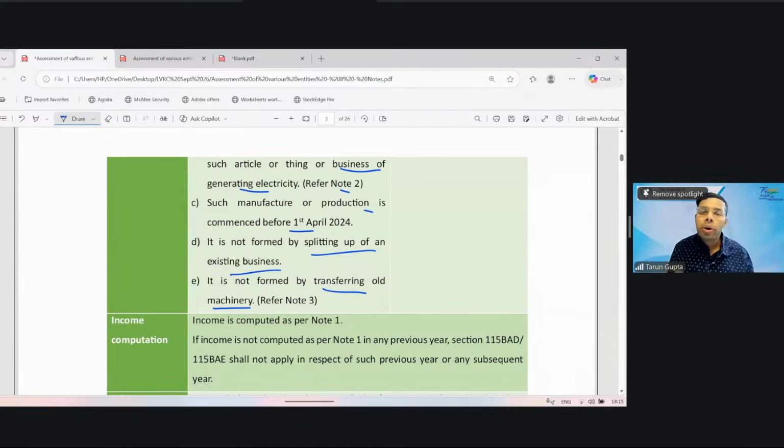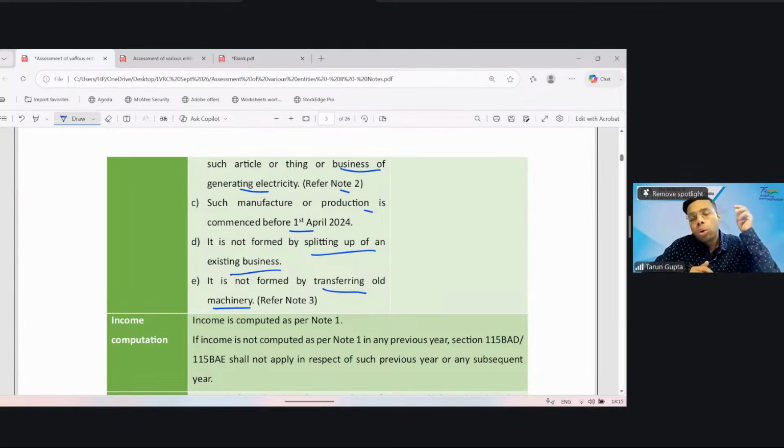Okay. So what does it mean? It means old imported machines are allowed. If you are importing a machine from outside of India, which was used outside of India, such machine shall not be considered an old machine. This is one. Secondly, the benefit is given up to 20%.